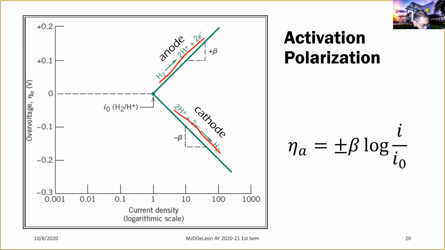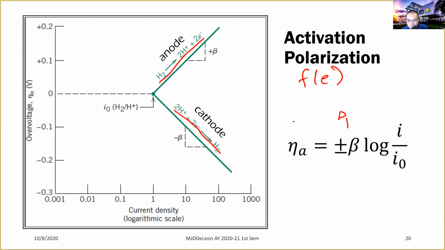Sir, question po. Go. For the beta, will the slope be the same for the anode and the cathode? Usually, yes. So, buti yung pinaalala mo sa akin to, Meg. So, your beta is actually a function of the number of electrons exchanged during the reaction. So, usually, your anode and cathode na beta, this will be the same.